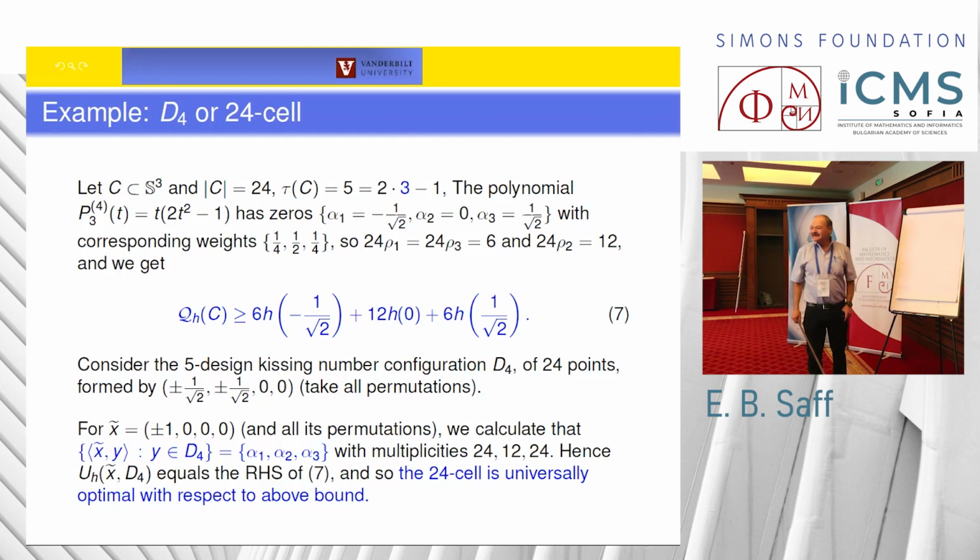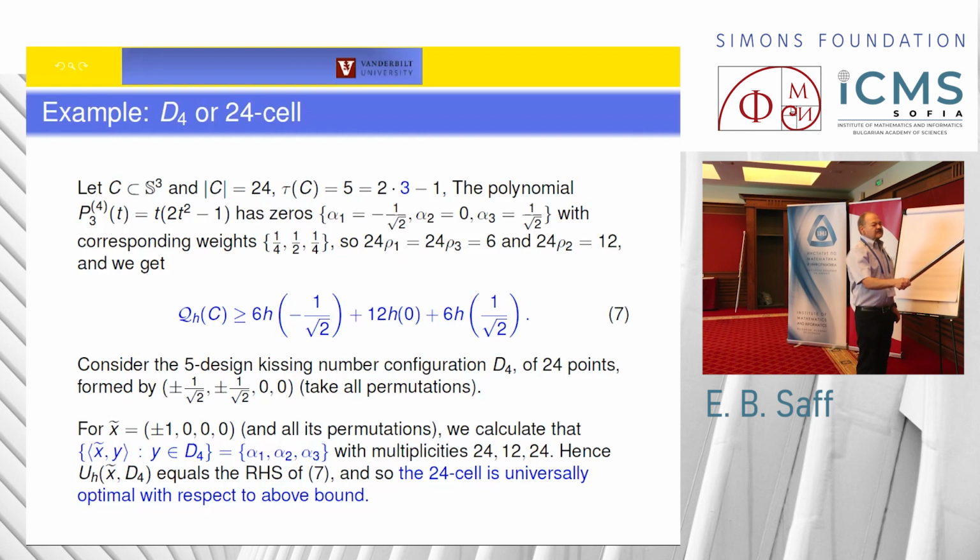All right. So we're talking about on S3, and I'm talking about a collection of 24 points and a design of order 5. Okay, so it's a 5 design. So our k here is 3. So we have to look at the cubic in 4 dimensions, and these are the zeros here.